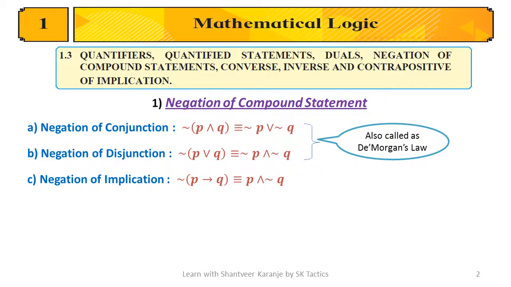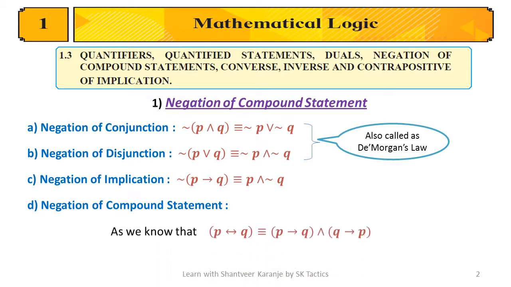Now the fourth compound statement is biimplication. To study negation of biimplication, we must know what biimplication is.